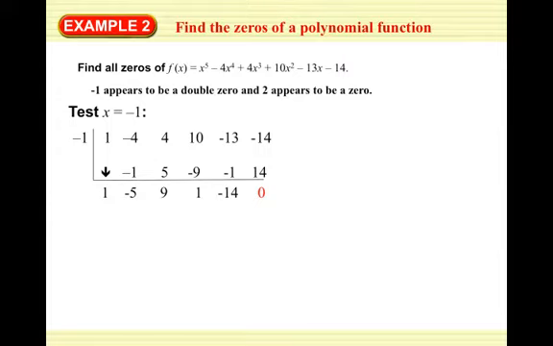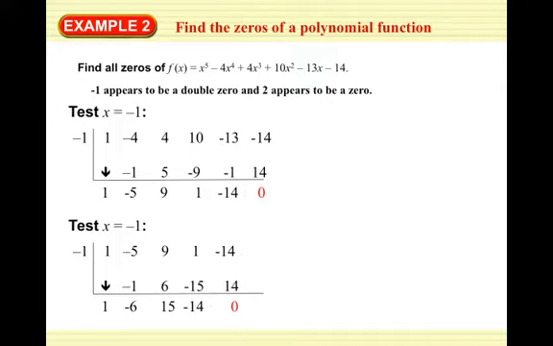All right, so first thing we're going to do is test negative 1. We do the synthetic division with it, and we end up with a remainder of 0. So now we know that f of x equals x minus negative 1, so x plus 1, times x to the fourth minus 5x cubed plus 9x squared plus 1x minus 14.